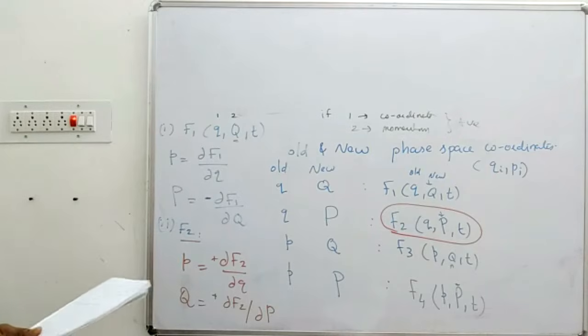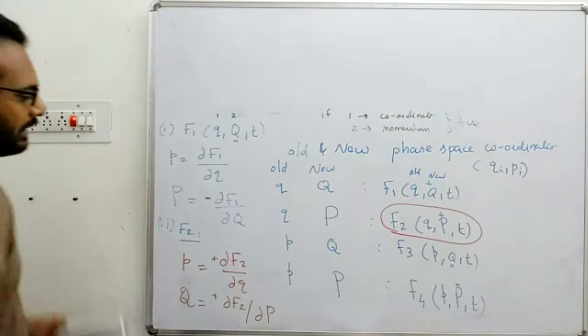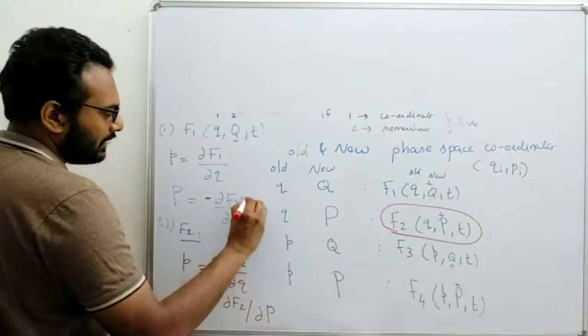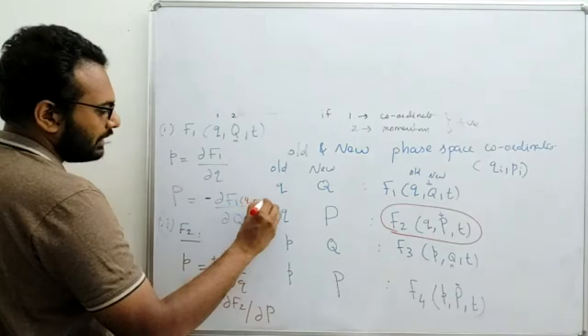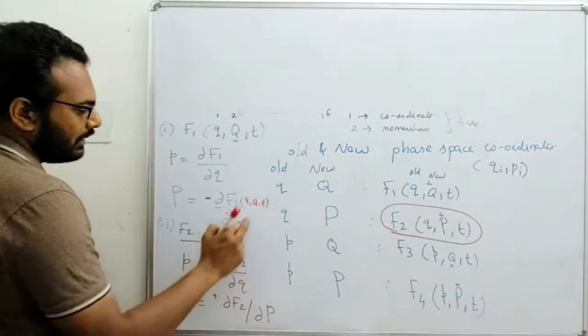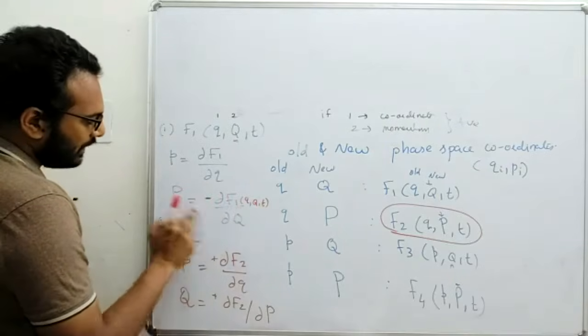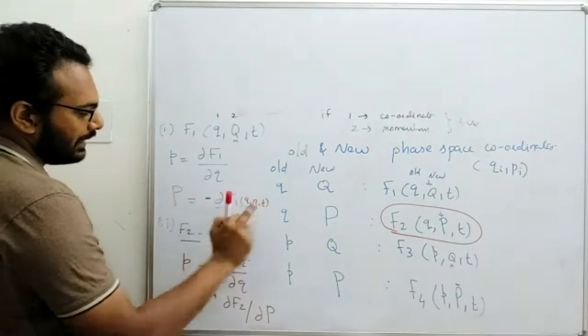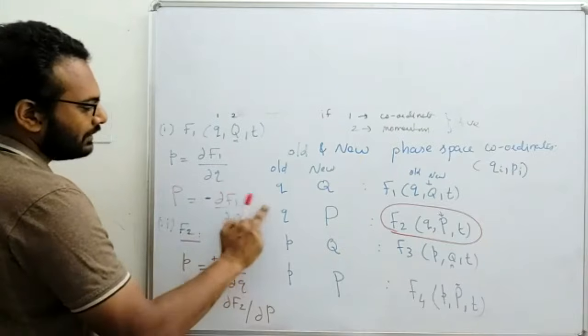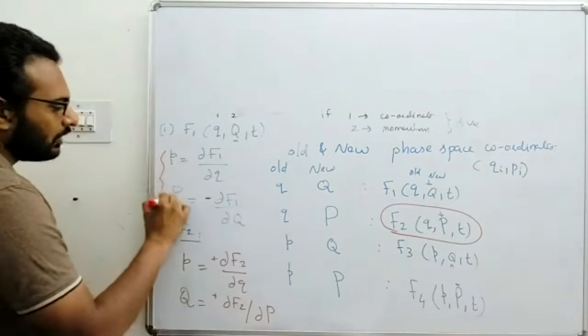So basically, if you invert this equation, you get a functional dependence on capital Q, T. You can find F1 as a function of capital P and capital Q like that. So these sets of equations determine all the transformation equations.